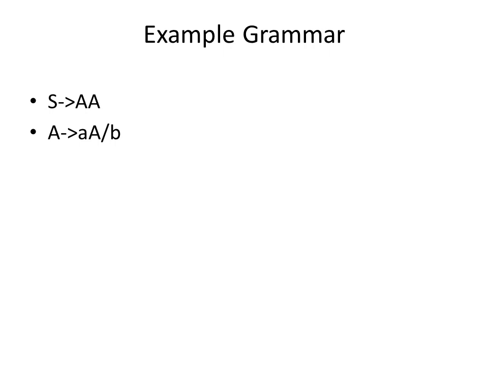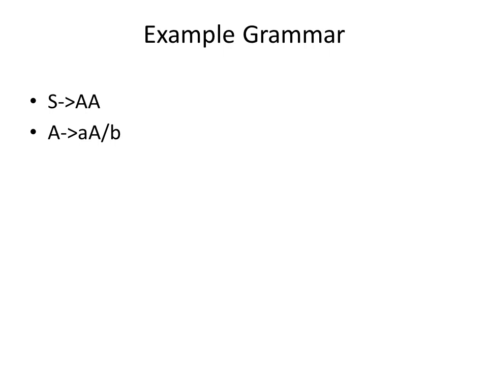We have taken one example grammar for LR0 parsing. That grammar has 3 productions. S implies capital A, where S is a non-terminal and capital A is a non-terminal.